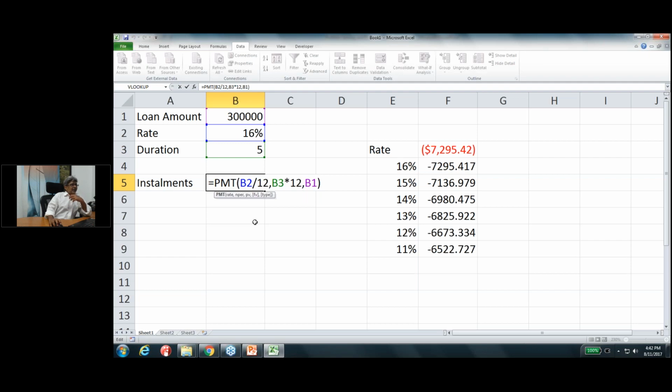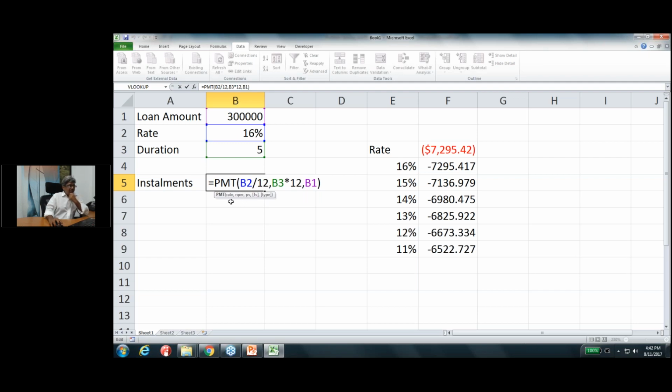So let me explain once again what the PMT function is. The PMT function is used to calculate the monthly installment of any given investment or loan, right? The PMT function has 5 parameters altogether, but we are focusing only on 3.